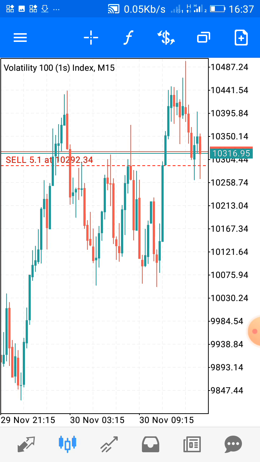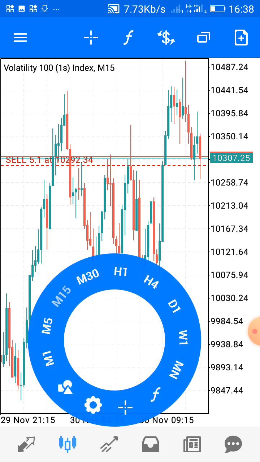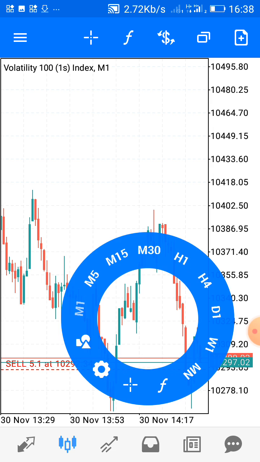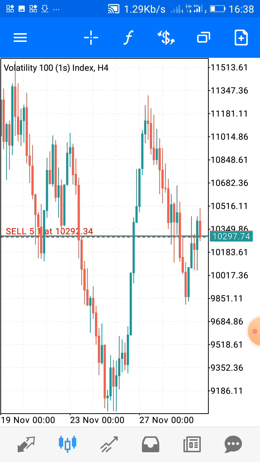And you can also look, as you can see now, under the M15 15-minute chart, there is a bigger gap between my entry point and where the quotes are. And don't be deceived by this. When you move to M1, you can see a very big gap. When you move to H4, there's a slight deviation or slight movement upwards from my entry point.